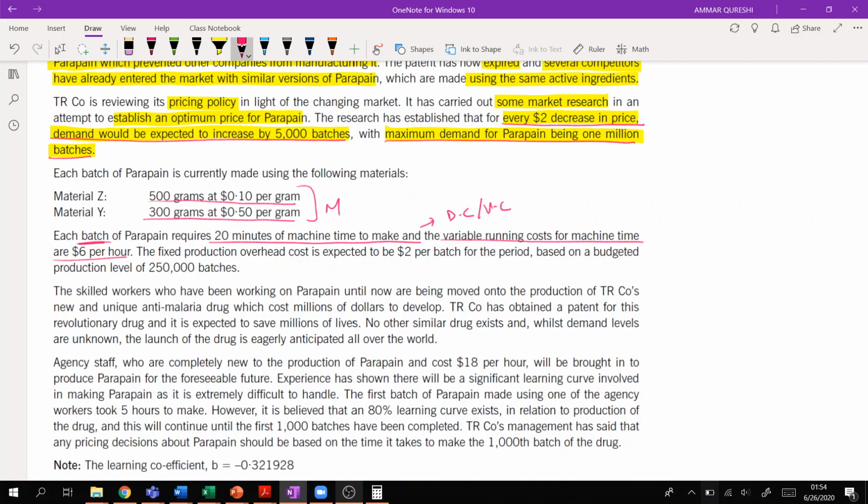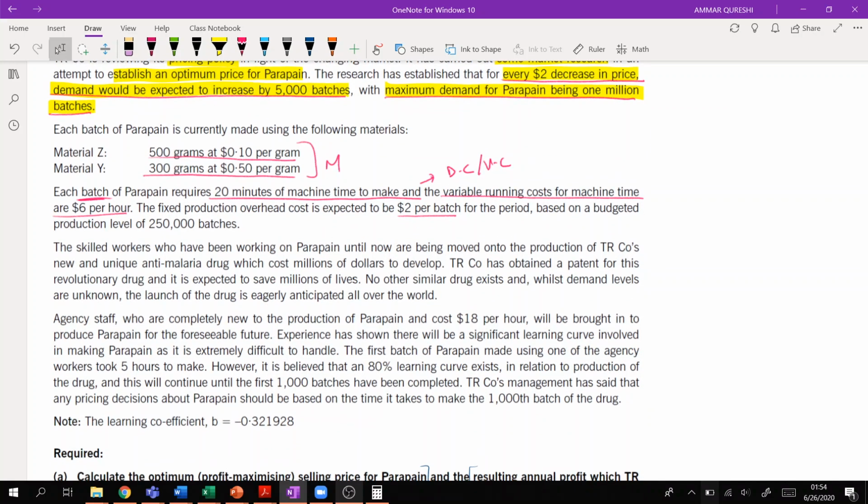Now, the fixed production overhead cost is expected to be $2 per batch for the period based on a budgeted level of 250,000 batches. Now, the important point to understand is that this fixed cost will not be considered in marginal cost, right? So, what's next?